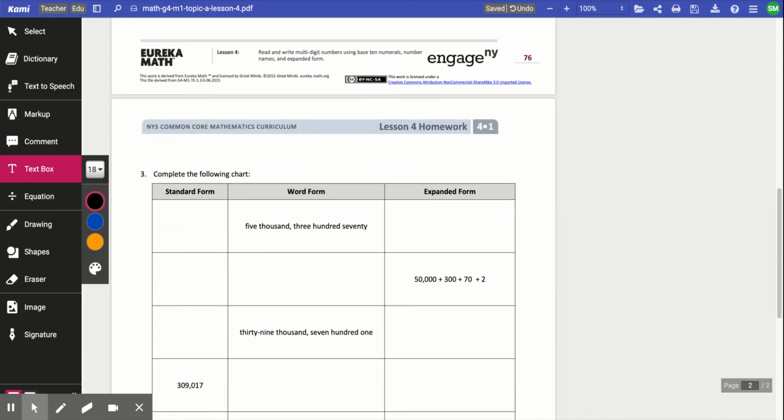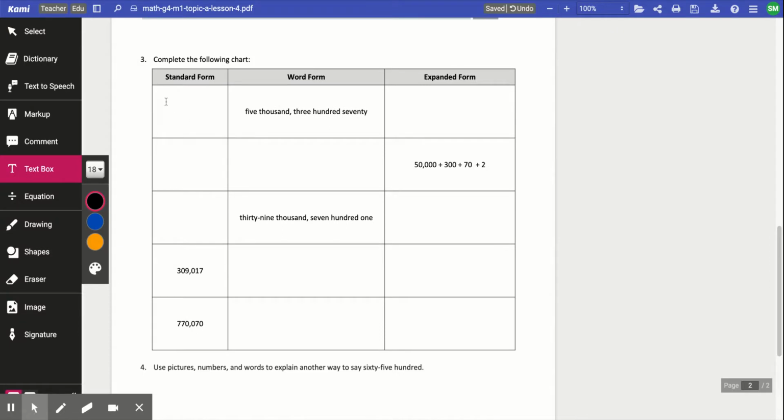All right, we're cruising. Number 3, standard form. I notice in this table, they give us the standard form, word form, expanded form, and sometimes they'll give you it one way, and then you have to either work backward or work forward. So here we have 5,000.